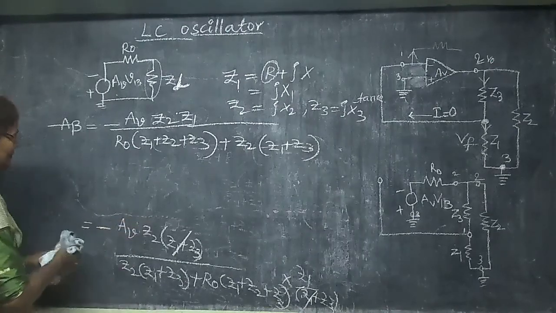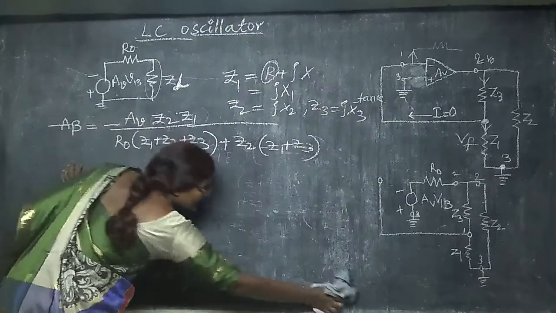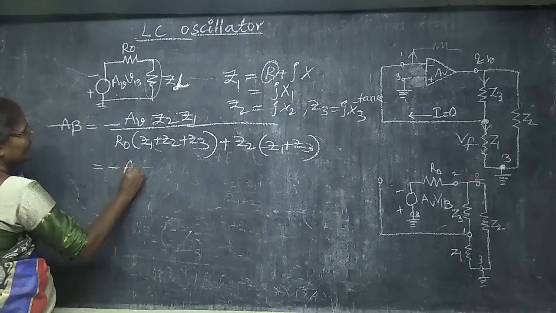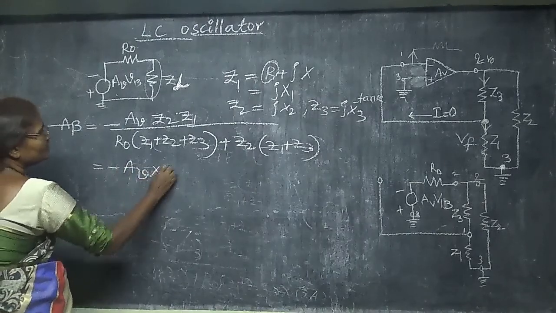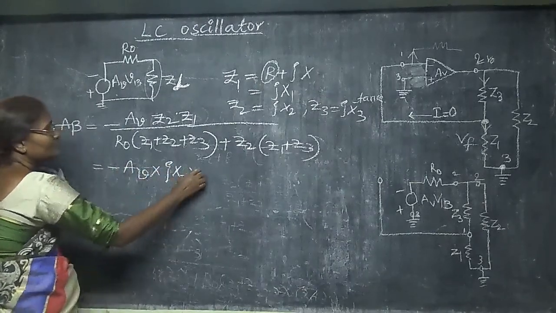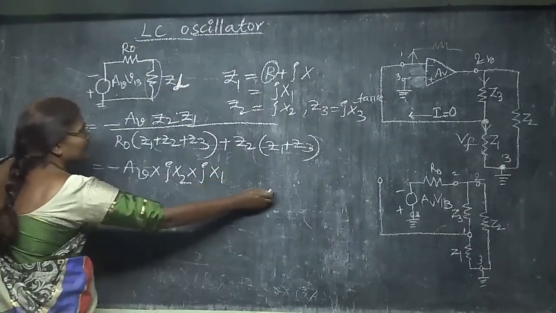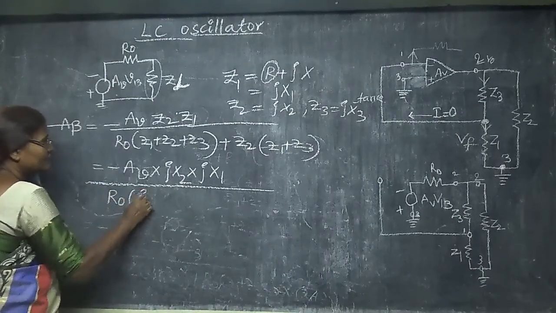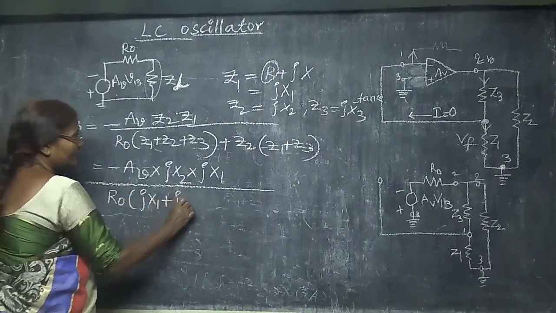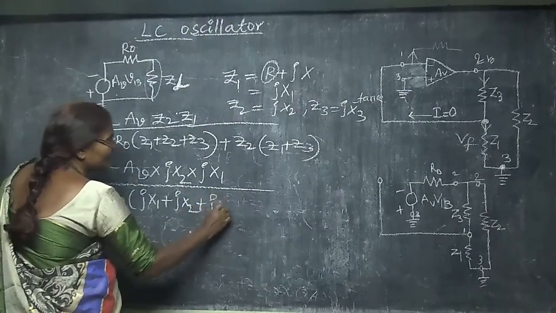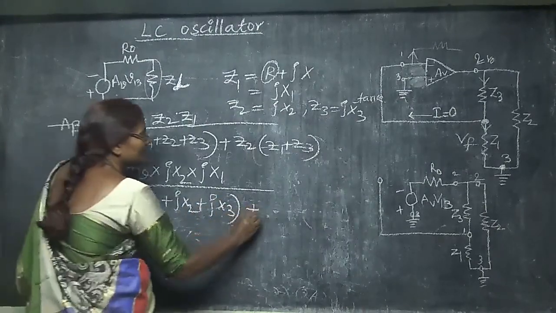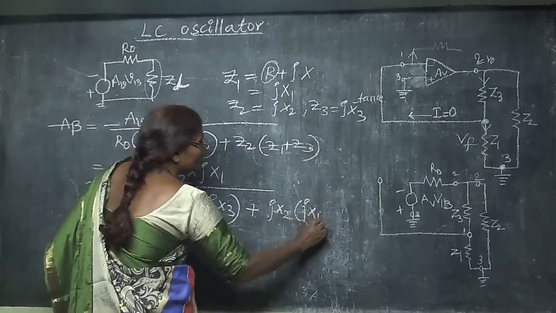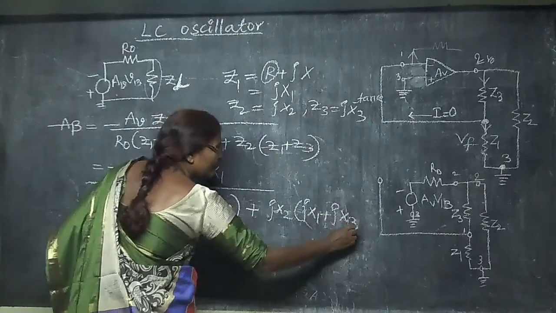So this is going to be minus A into jX2 into jX1 divided by R0 into jX1 plus jX2 plus jX3, plus jX2 into jX1 plus jX3.